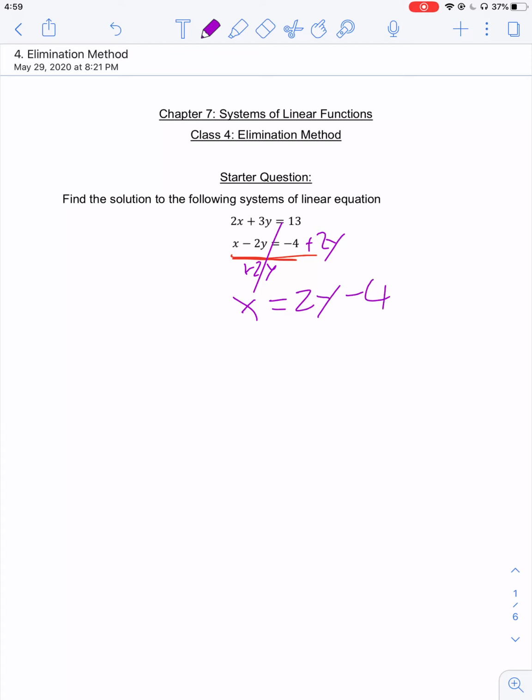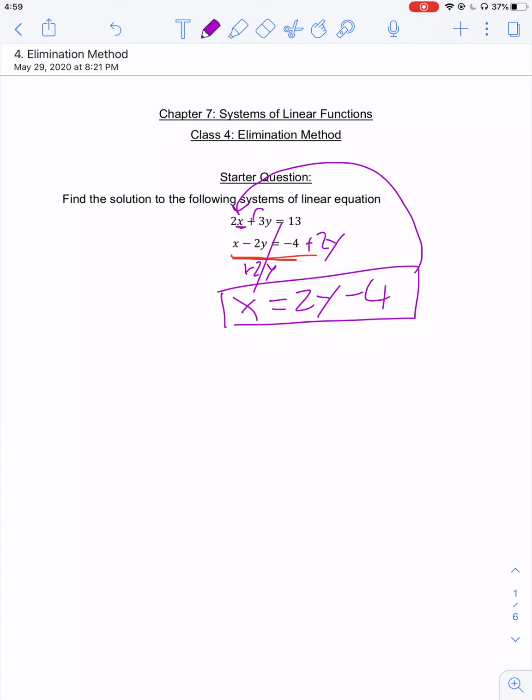Now substitution makes more sense because one of the variables is explicitly given to me. So x is equal to something, and I can substitute this x value into my first equation. Replace this x over here by 2y minus 4. That is how the substitution method would work. Again, you could solve for y, but if you solve for y in the second equation, you'd have to divide by minus 2 to get rid of the coefficient negative 2.